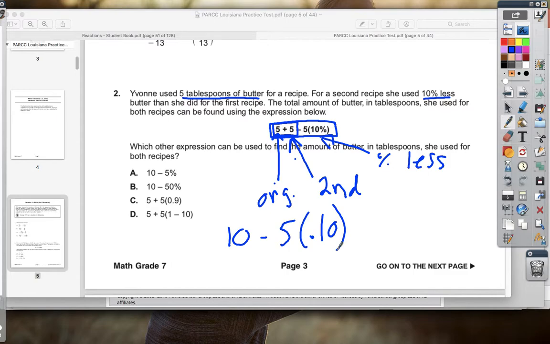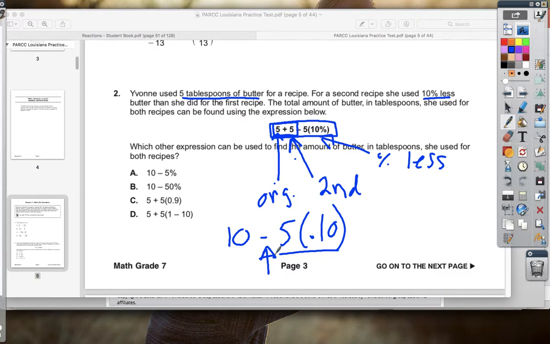So I can go forward and I can say, all right, well, where do I go from here? Well, I could go ahead and multiply this, and that would work. I don't need to do that. What I could also do is think about, instead of me subtracting 10%, how much am I actually keeping of that.